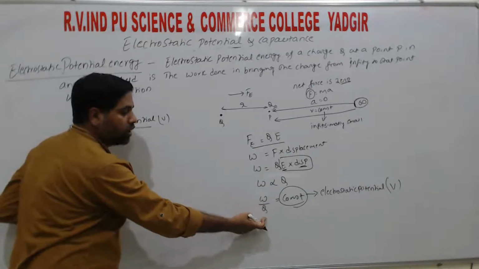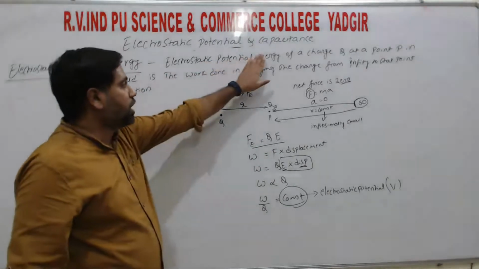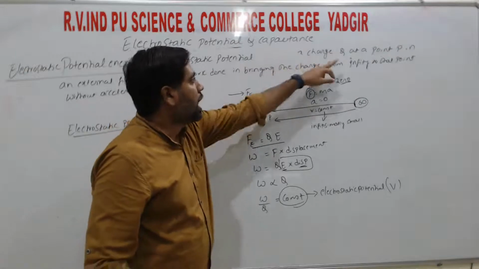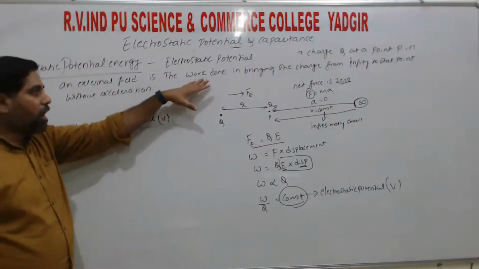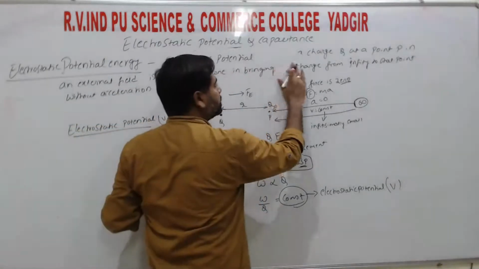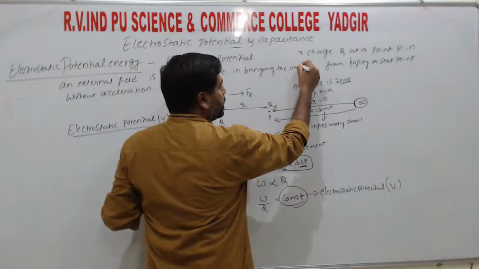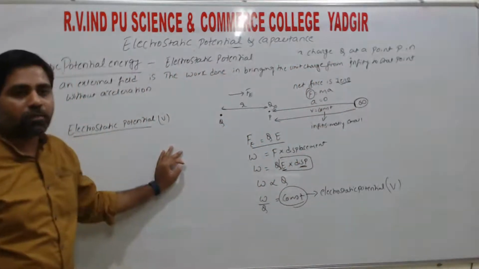The electrostatic potential of a charge Q at a point P in an external field is the work done in bringing the unit charge from infinity to that point.